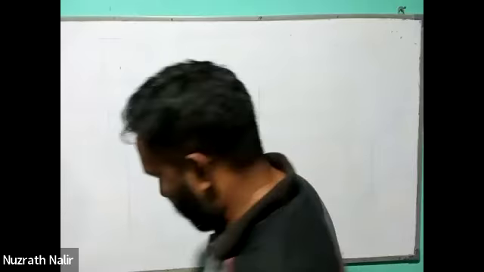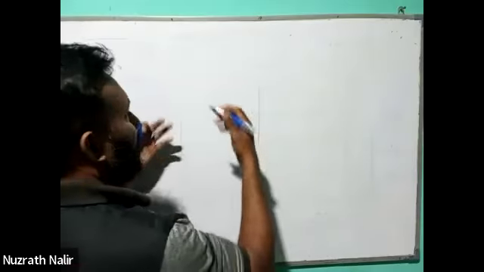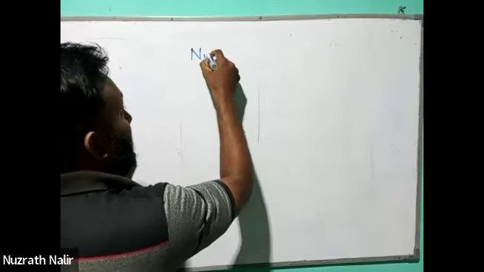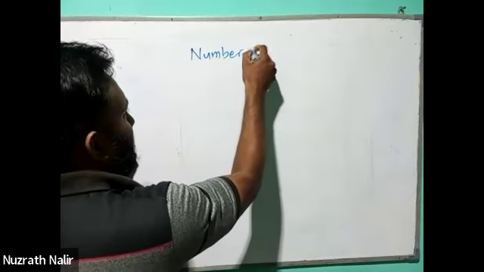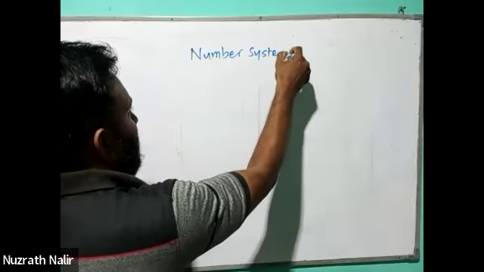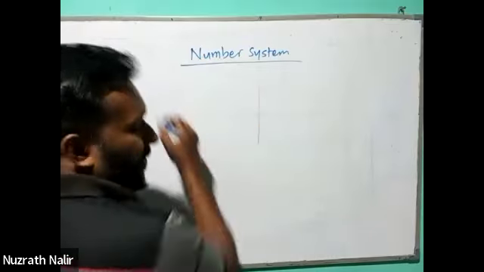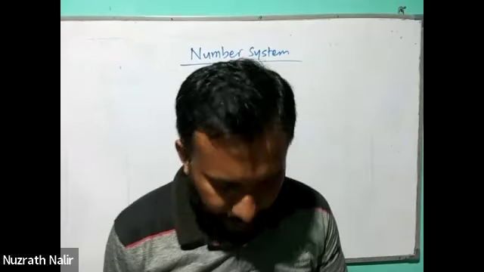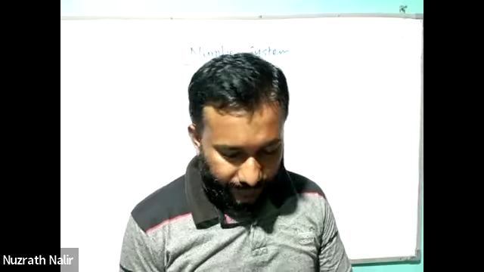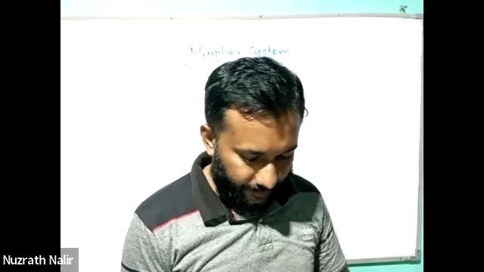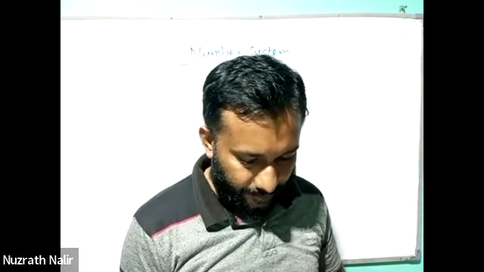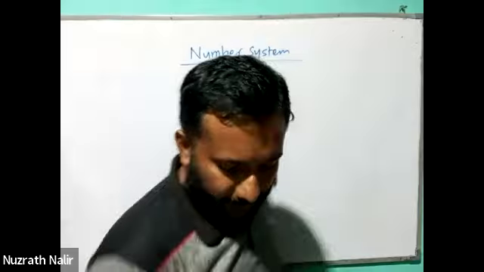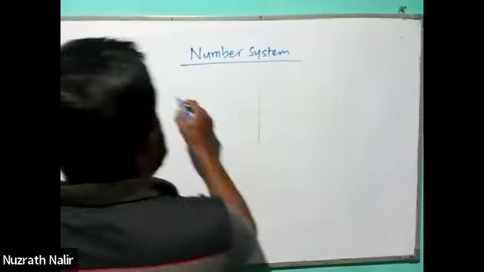Data conversion. First, before we convert, what number systems are there in the computer industry? The number system: the first one, you can see on page number 25, number system, digit and base.